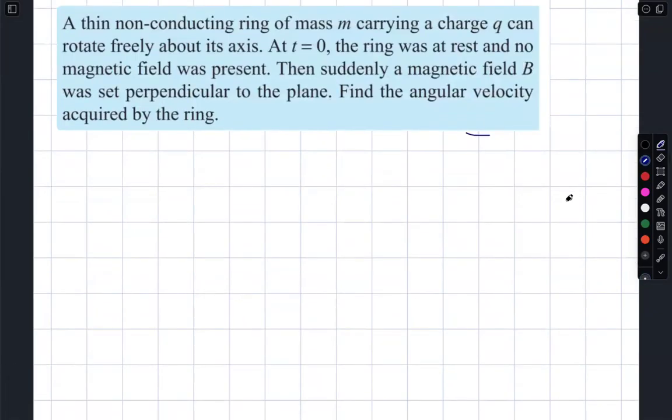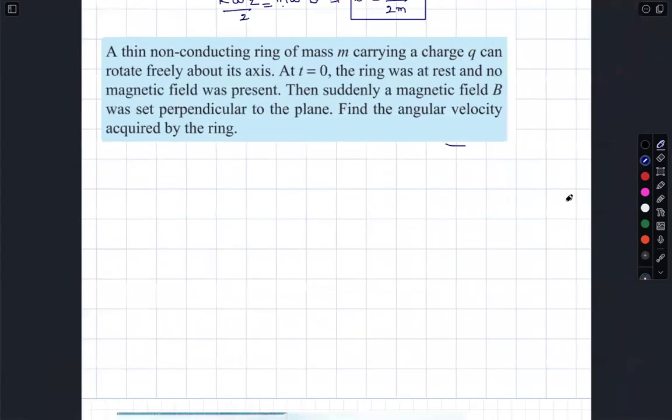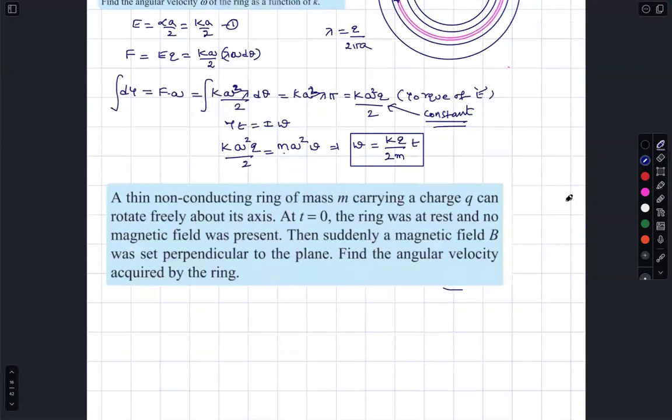Remember, here it is suddenly. Half of the question I have already done. Half of the question we have already done here. I'll post that solution and this question simultaneously.